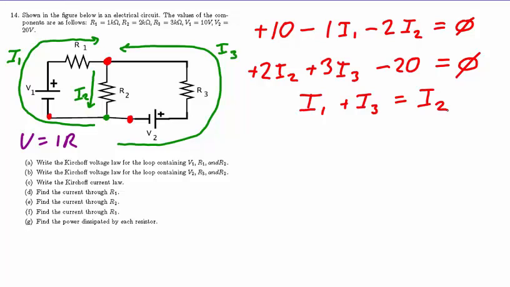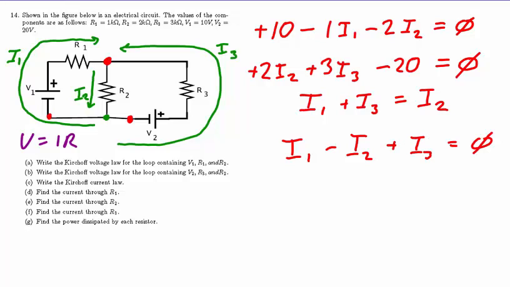In class and in this video, I'm going to use the method known as Cramer's rule to solve this set of three equations. And Cramer's rule requires us to first begin by writing the equations in an organized manner so that the unknowns are in columns. I'll make the first column I1, the second column I2, and the third column I3.